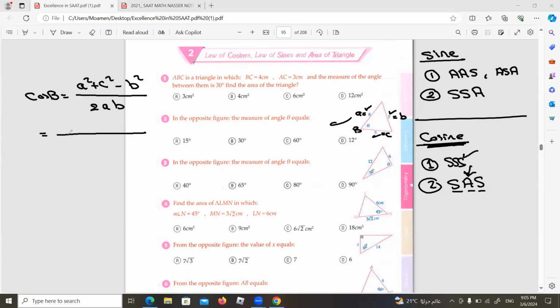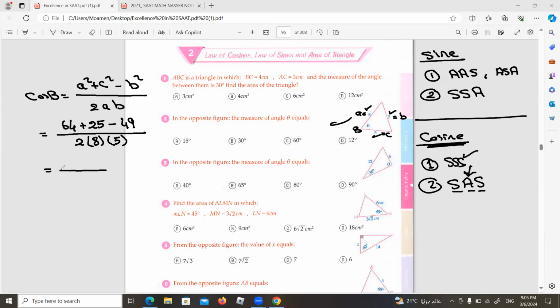A squared, where is A? A is 8, so 64, plus C squared, C is 5, so it's 25, minus B squared, which is 49, 7 squared. Over 2 multiplied by A, which is 8, multiplied by C, which is 5.